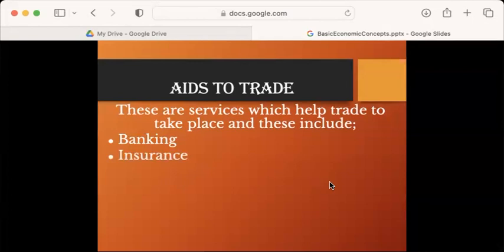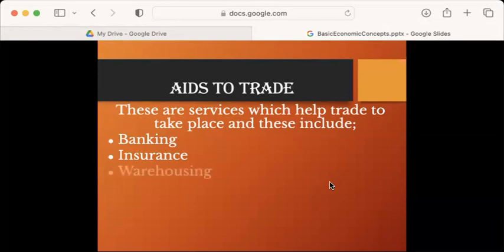Insurance: when we are into business, the business world is actually full of risks. Of course, some risks cannot be covered at all, but there are some risks which can be covered by an insurance company. And in case we face such a risk, the insurance company or the insurer can give us some compensation. Right.